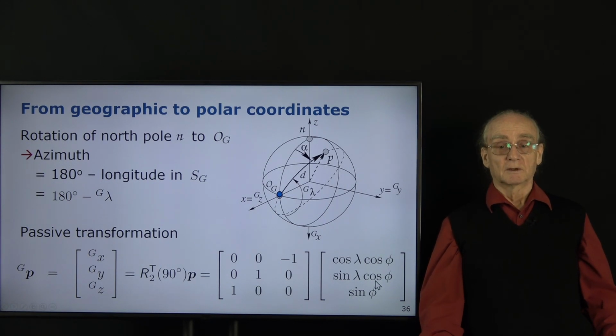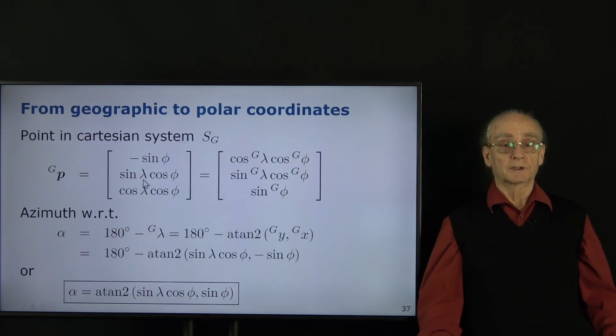You see the y coordinate doesn't change, the z coordinate gets a -1, and these two are exchanged. So we get the coordinate of P in this geographical Cartesian coordinate system, which is minus sine phi, etc.